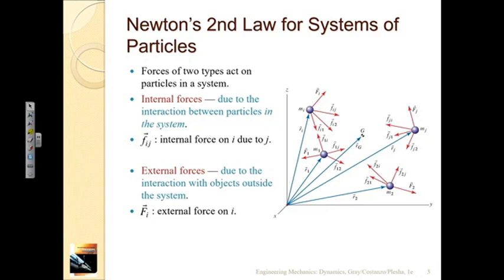So if I separated gal from boat now, I have to draw the forces acting between them, those internal forces. So I've still got the mass of my woman times gravity, but now I've got a normal force between the woman and the boat.